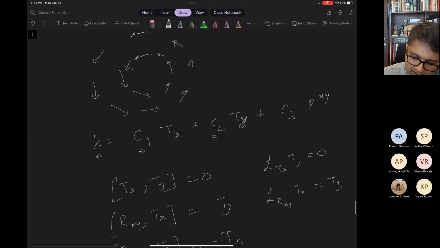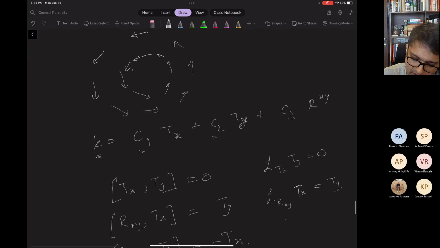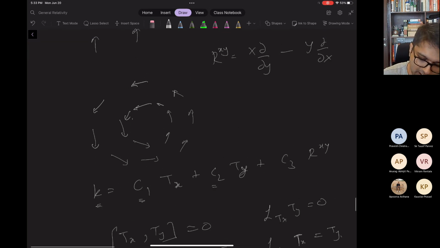So what does Rxy do? Rxy generates a diffeomorphism, which is a flow like this, a rotational flow. Now if I flow an epsilon amount, I'm basically rotating my R2, kind of like this.